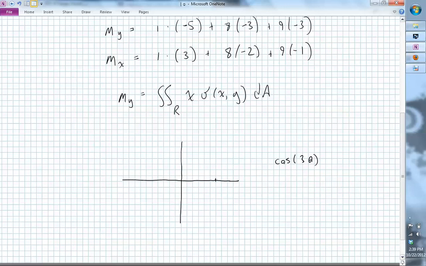Now, as you increase theta in this direction, when's the first time that it's going to hit 0? For what angle theta is cosine 3 theta going to be 0? Pi over 6. So if I get out to an angle pi over 6, and let me sketch that in there, this guy is going to sort of just flow into 0 there.